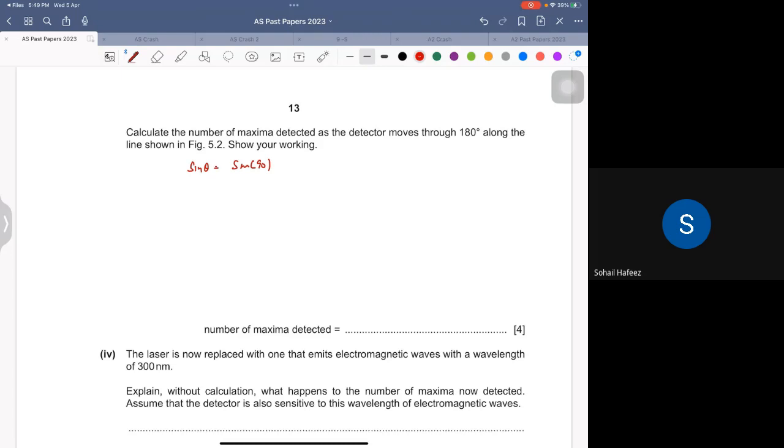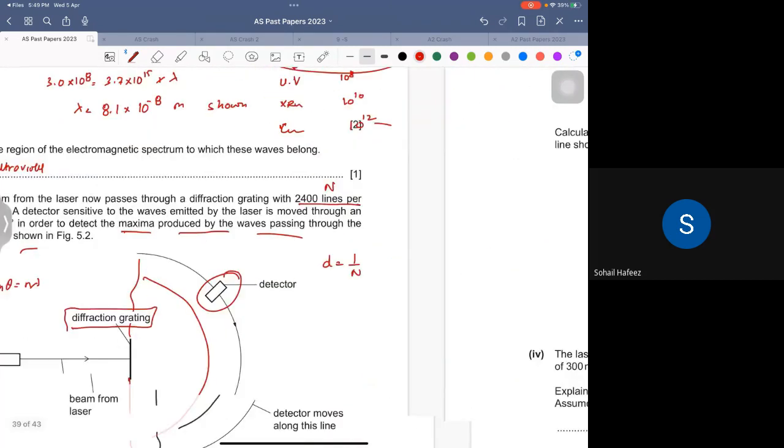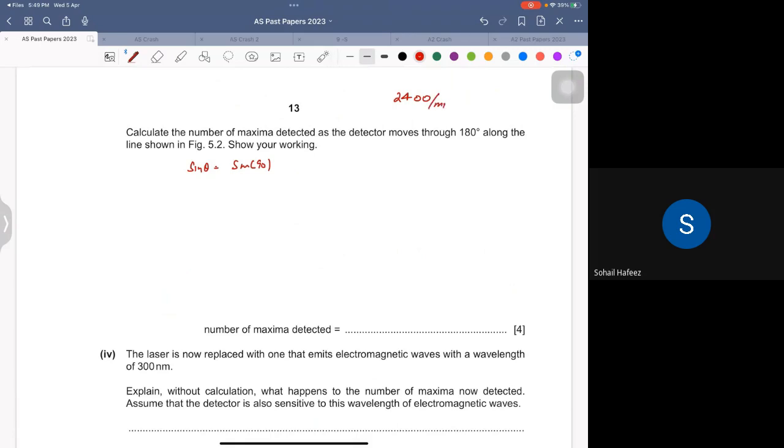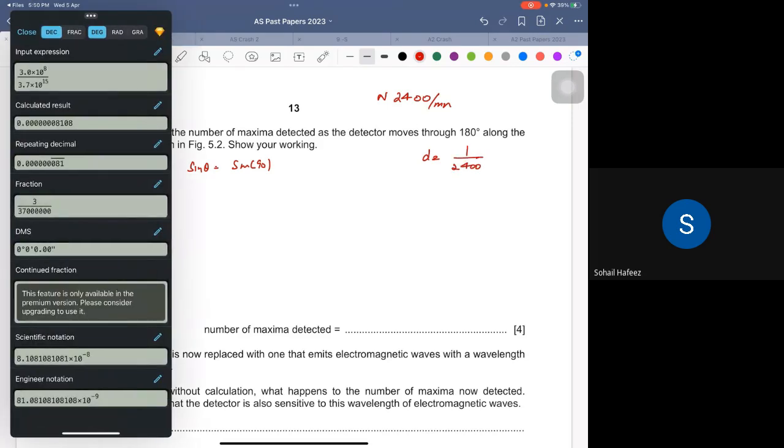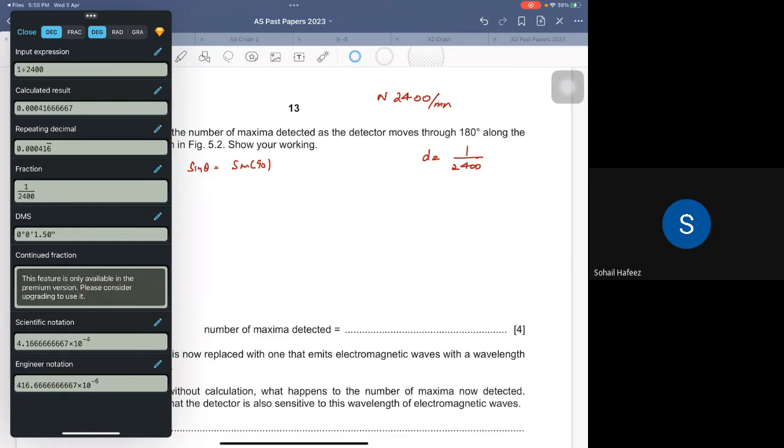That's it. So we're going to use this. First of all, we know it is 2400 lines per millimeter. So n is per millimeter, and I'm going to find d first. 1 upon 2400 is going to give me 4.167 millimeters times 10 raised to minus 4 as well.